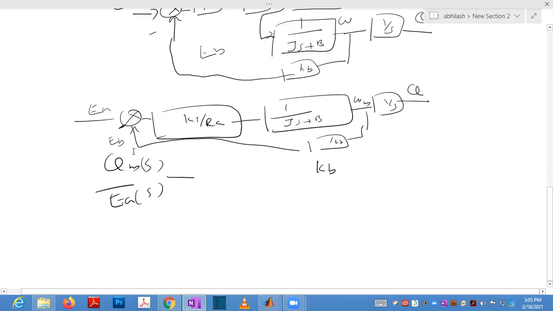Now you can use a signal flow graph or block diagram reduction to solve these things. So you will get KT by RA divided by JS plus B. This KB will be in the feedback loop. So you will get a transfer function, theta of S divided by EA of S. Yeah, you solve it and tell me.